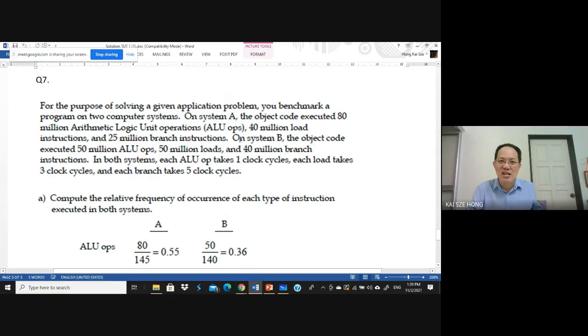So ALU is the fastest one, and each load takes 3 clock cycles because it involves memory access. Each branch takes 5 clock cycles because you need to branch. You have to increase the PC, and also you have to fetch the new instruction 2 times, right? So even slower.